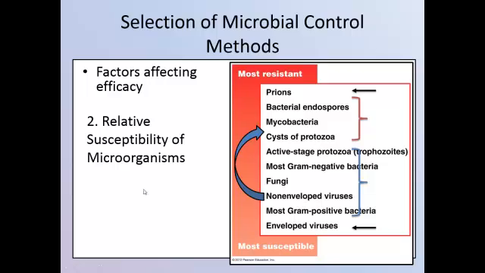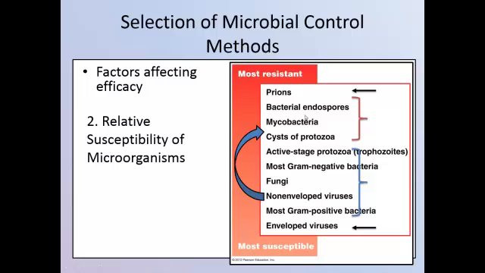Let's get back to how this affects your selection of microbial control methods. If you're trying to kill, say, fungi in a public gym, athlete's foot on the tile floors, you're going to want to use something that is a mid-level disinfectant or control method.